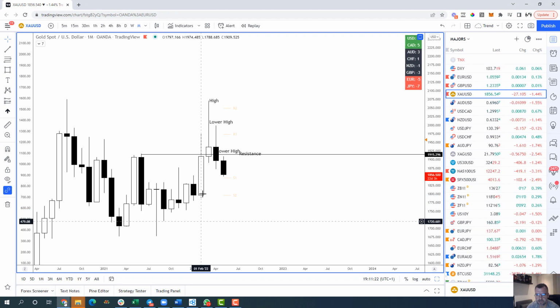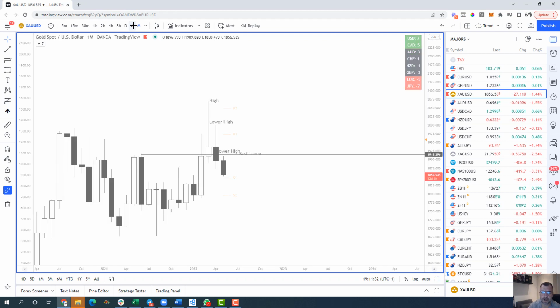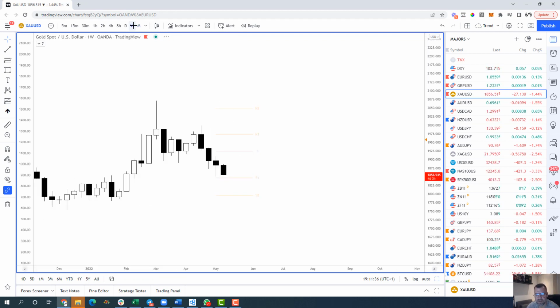But again, it's all going to come down to what happens in the marketplace as we push lower. So on the higher time frame perspective, this would lead me to have a bias to fade any rallies. So look for selling opportunities on any rallies.